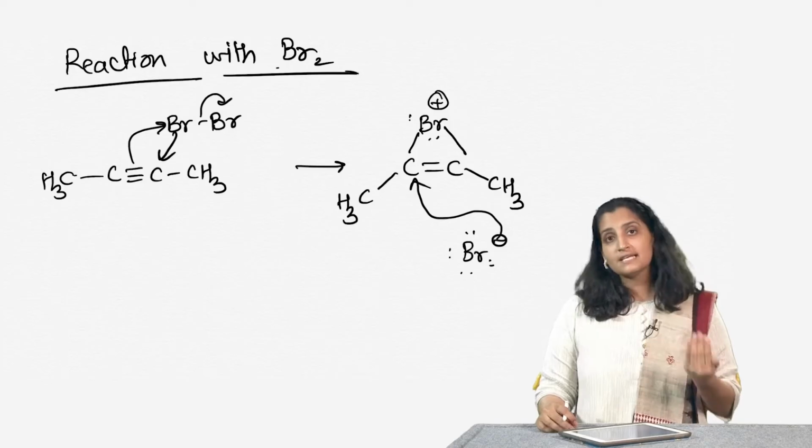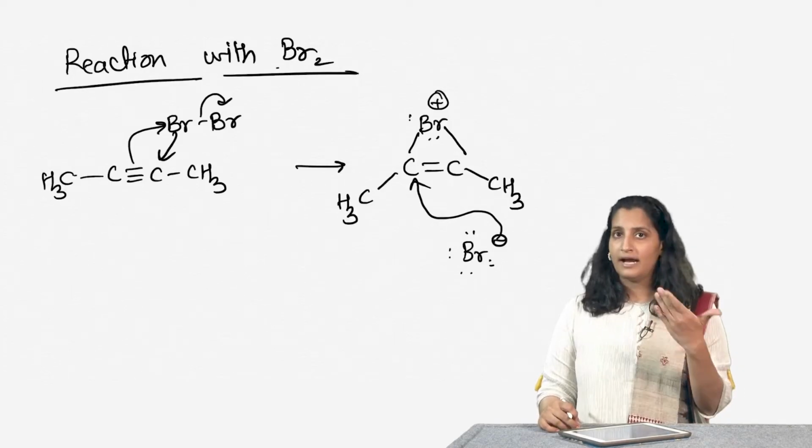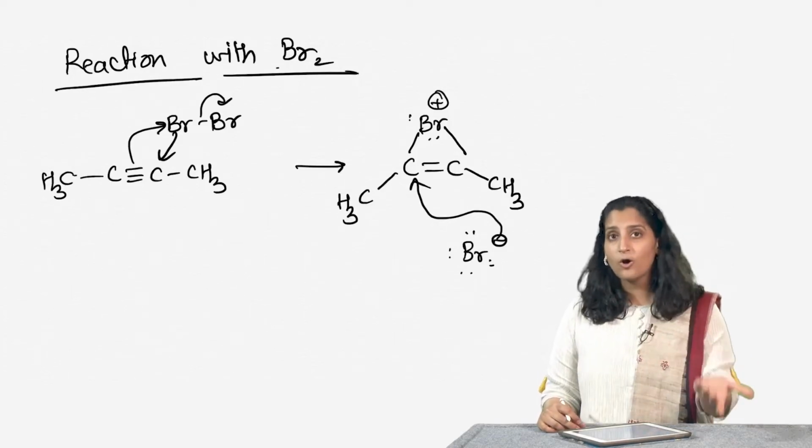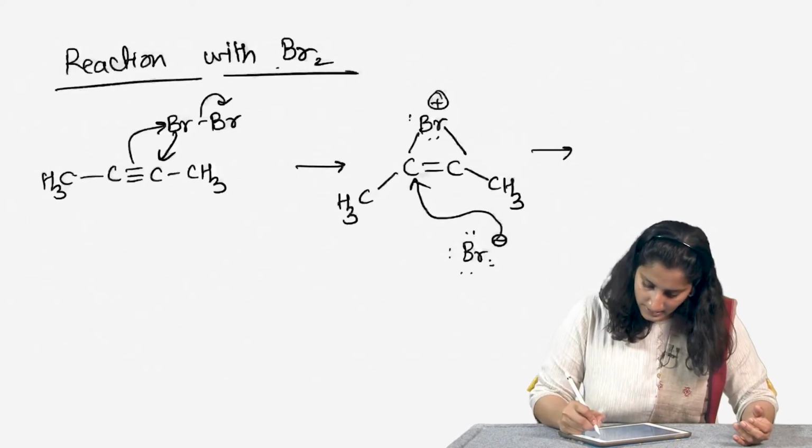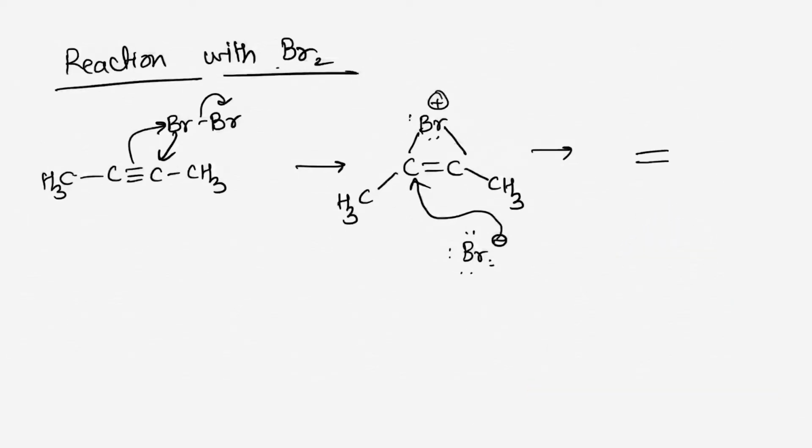So, it will attack such that the bromide will add anti to the bromine that is already present in the molecule. So, what we are going to see is that the reaction of 1 mole of Br2 with an alkyne ends up adding the 2 bromines such that they are anti to each other.